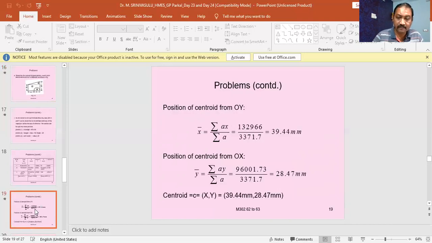Next we will move to another problem. So here x is equal to 39 and y is equal to 28.